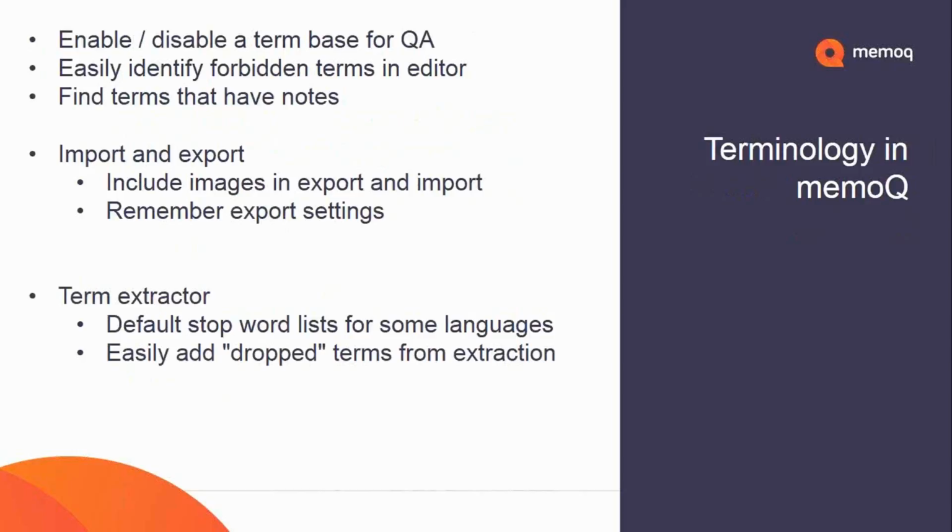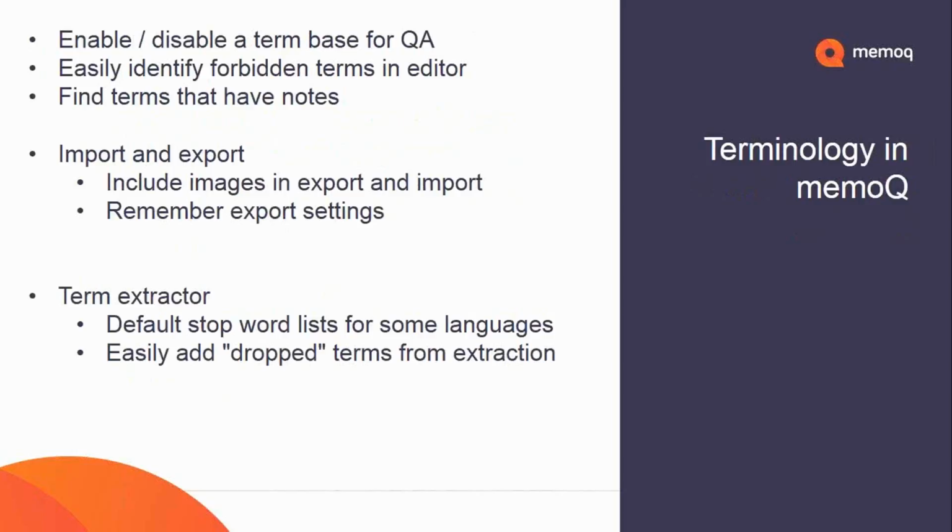Also, with the last release and maybe the one before that, we've been working on terminology, and we still had some significant improvements that we couldn't finish. And we are adding these with 8.4.